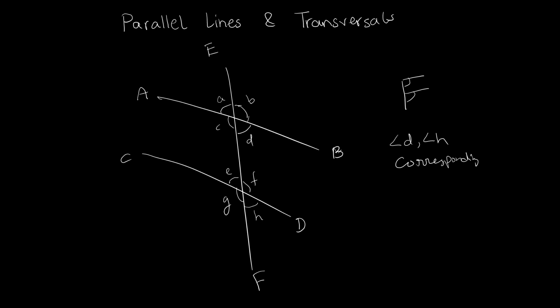We also have the alternate interior angles, and they would be equal. And similarly, the opposite angles would also be equal. So for the alternate angles, this angle and this angle are both alternate, and they would always be equal. In our case, you can form a Z by taking angle C and angle F. So these are the alternate angles.